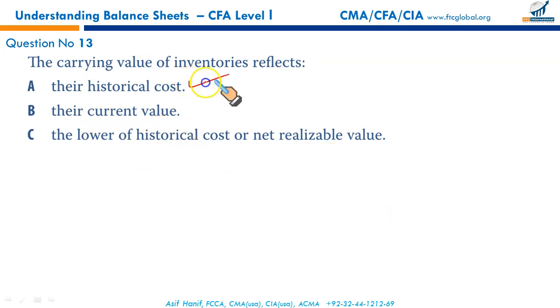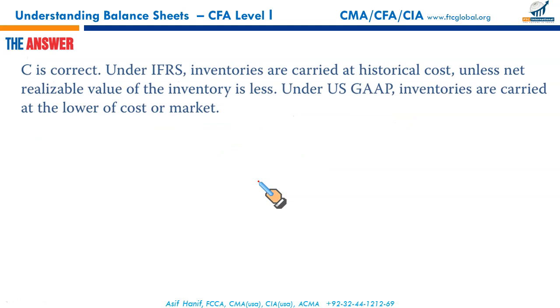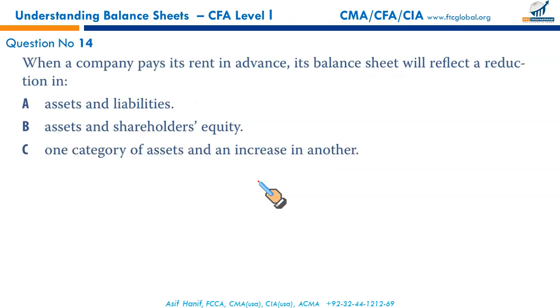So under US GAAP, historical cost could be the base, current value could be the base. But this one is the most appropriate one, historical cost or NRV, because this is applicable in most inventory valuations. We'll see it in detail in our separate reading relating to inventory. So right now, C is the right answer. We'll deliberate upon these in detail later on.